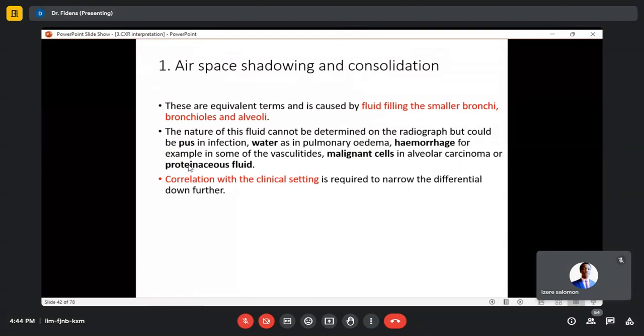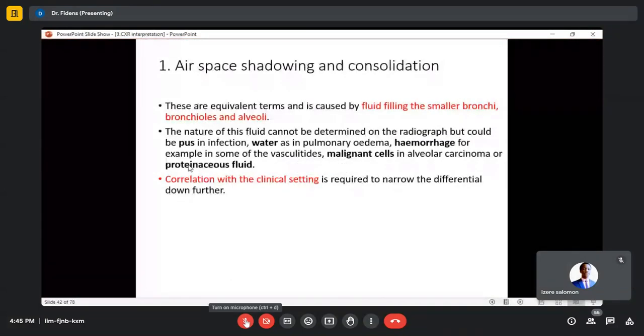Any question? No question. So let us now start by airspace shadowing or consolidation. Airspace shadowing, normally, do you know why we always confuse airspace shadowing and consolidation? Consolidation, it is typically any fluid collection in the lung, normally. Okay? Any fluid collection in the lung is called consolidation. Is it okay?